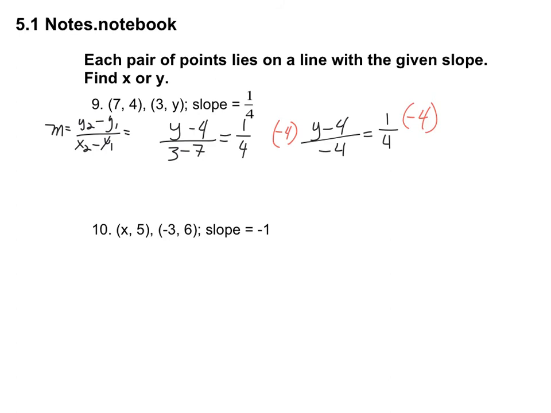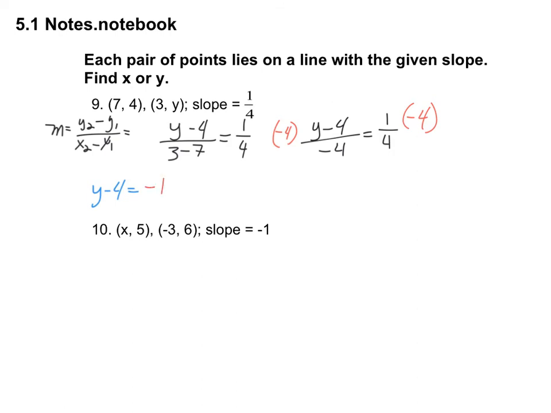My negative 4 in the denominator and my negative 4 here are going to cancel out and go away. So I'll just be left with the left-hand side being y minus 4, and that will be equal to, interestingly, this negative 4 and this 4 are going to cancel out, but that negative is still going to be sitting there. So my y minus 4 is going to be equal to negative 1.